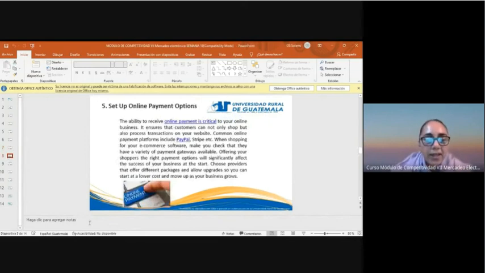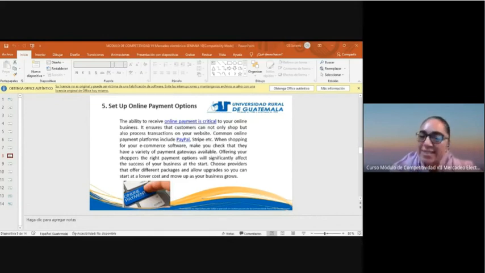Okay. Something really important that we have talked about also is that you need to get the money from your customer. So you need to set up an online payment option. We really talked about all the Visa, MasterCard, American Express offer to you. Remember that we also have the PayPal platform that helps you, also the Stripe platform helps you.